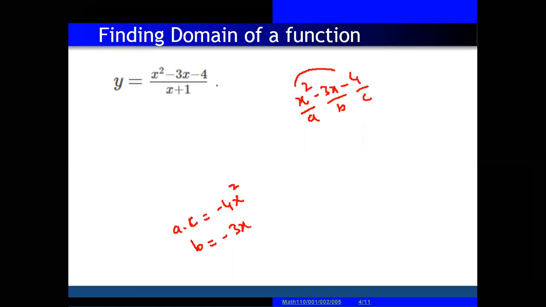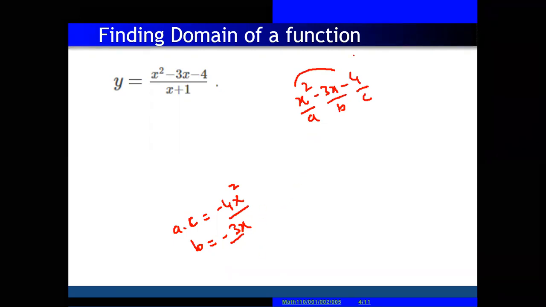Now for factorization, there are conditions that find out two numbers whose product is minus 4x square. When you multiply two numbers equals minus 4x square, and when you add them equal to minus 3x. What are these numbers?